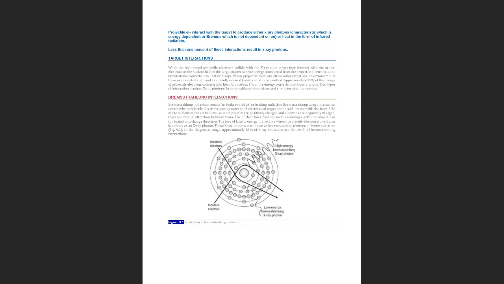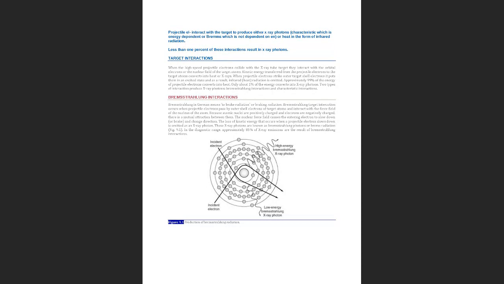What's important about characteristic is it is not always a part of the X-rays that are created in our beam. So for characteristic, we have to have at least 69.5 keV energy projectile electron interacting with our target atom to have enough energy, and not too much energy, to eject an inner shell electron.